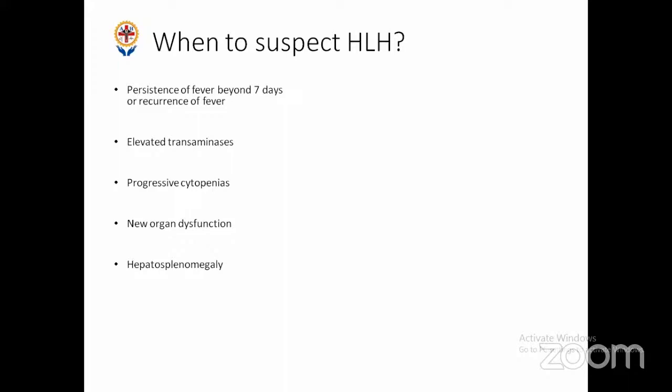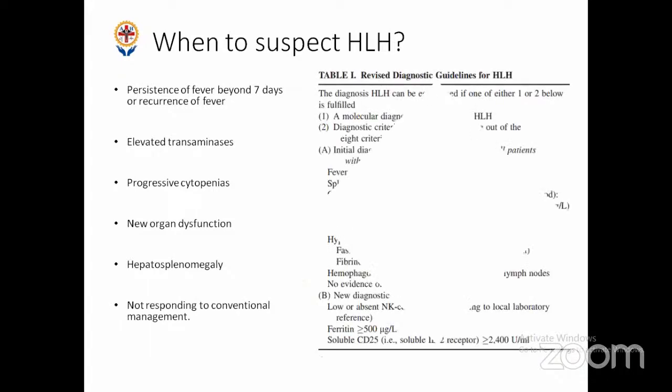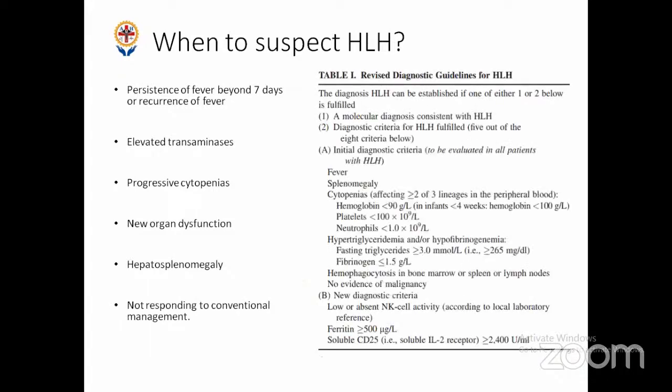Initially, there was no hepatosplenomegaly. Now splenomegaly is there. Hepatomegaly is common in dengue, but splenomegaly is very rare. And not responding to the conventional management of dengue. So think of HLH. So this is the criteria: fever, splenomegaly, cytopenias, hypofibrinogenemia, hypertriglyceridemia, hyperferritinemia, and bone marrow showing hemophagocytes. So this child satisfies the criteria of HLH.